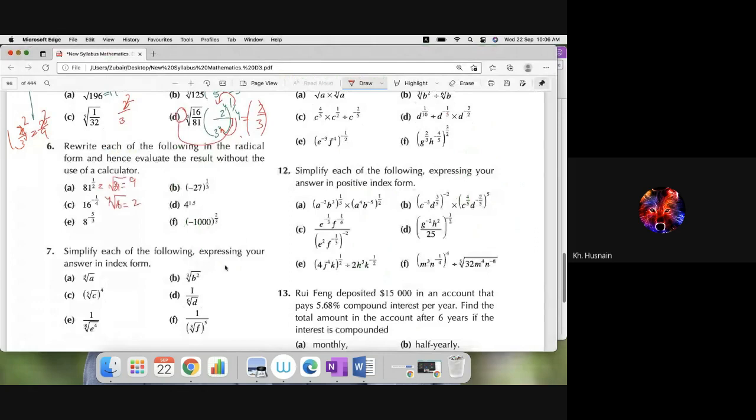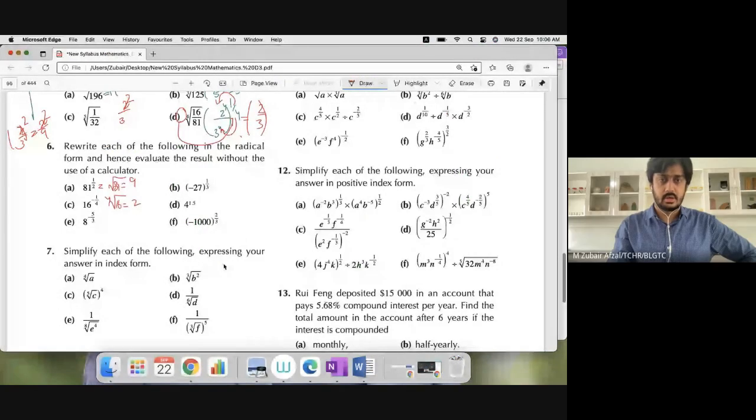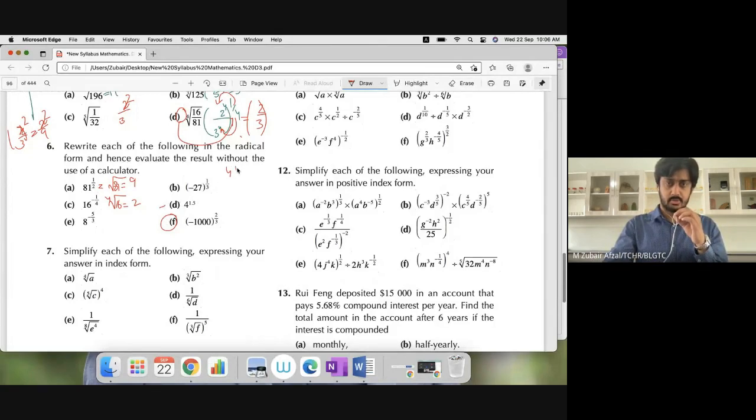Look at question number F part. Try this. Before that, let's see this is in decimals, D part. This is 4 raised to power 1.5. I can write as 4 raised to power 2 and 3/2.